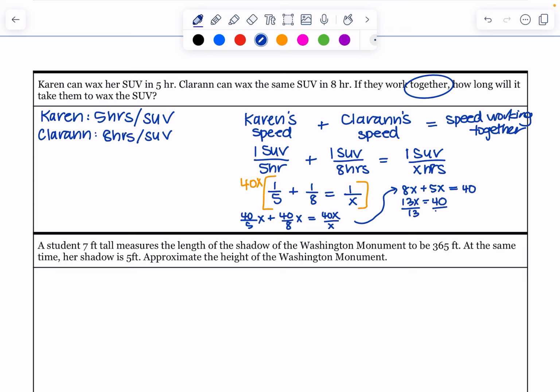Divide by 13, and I get x is equal to 40 divided by 13, which doesn't reduce, but since we're talking about time, we can go ahead and put a decimal, which would be 3.077 hours. If you think about it in the context of the problem, that is how long it would take them to wax one SUV together.